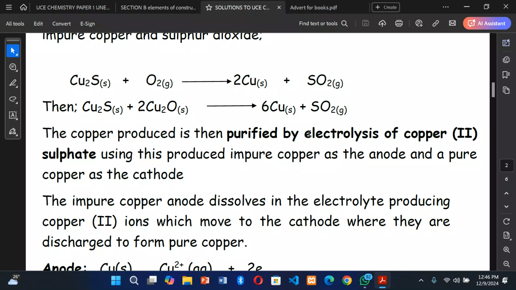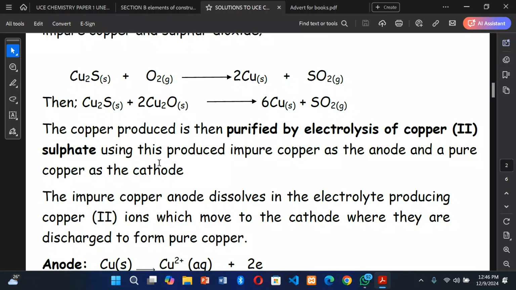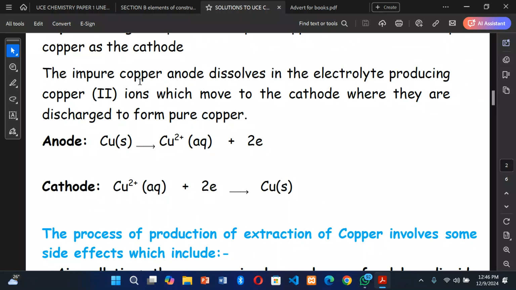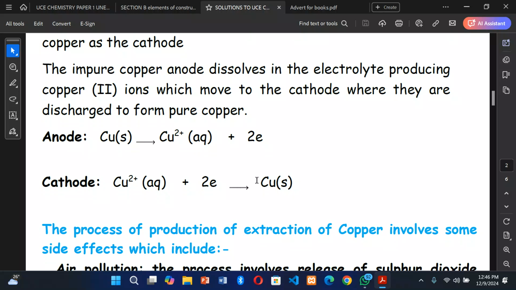It is purified by electrolysis of copper 2 sulfate using this produced impure copper as the anode and pure copper as the cathode. So the impure copper anode dissolves in the electrolyte, producing copper 2 ions, which move to the cathode, where they are discharged to form pure copper. So you can write this equation at the anode, and then you can write the equation at the cathode.